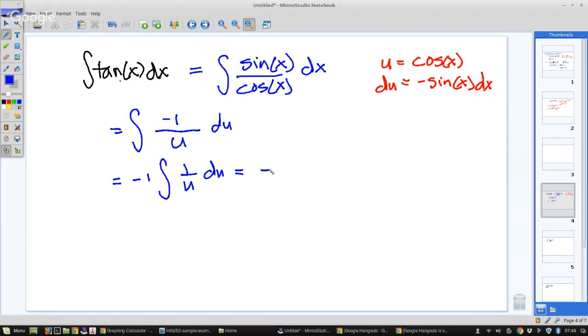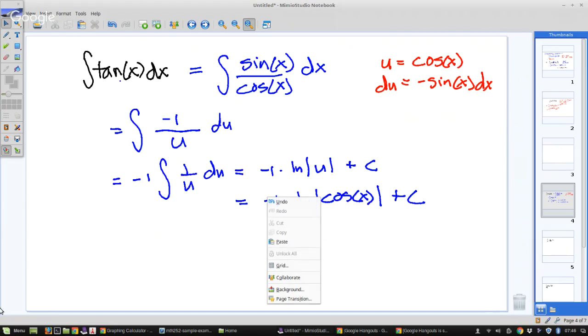So then I get negative 1 times the natural log of the absolute value of u plus c. And then I can substitute back in. This gives me negative 1 times natural log of the absolute value of the cosine of x plus c. So now I have an antiderivative for the tangent.